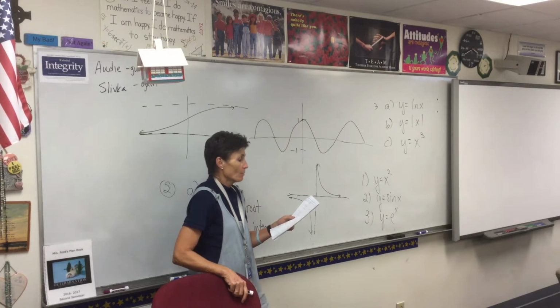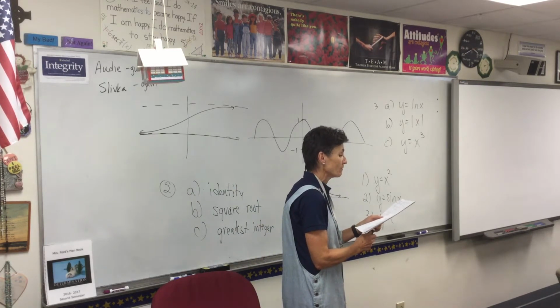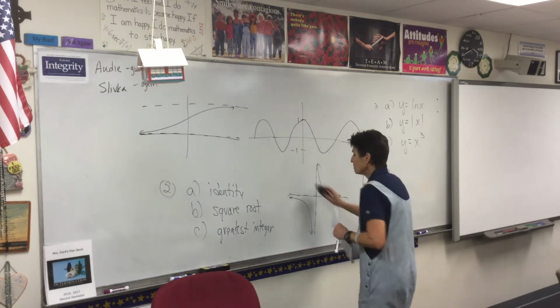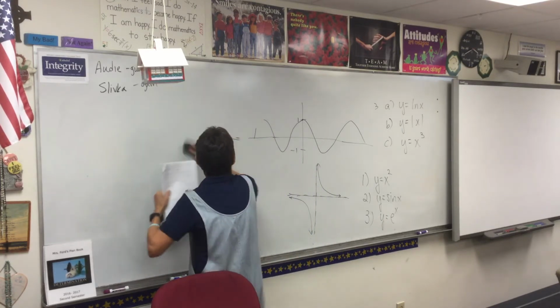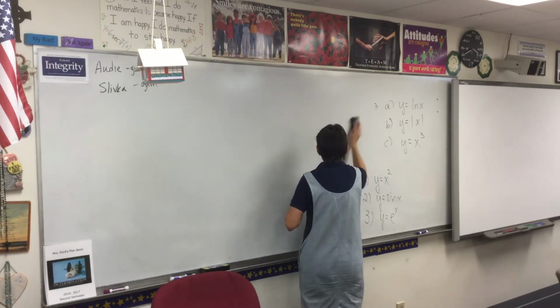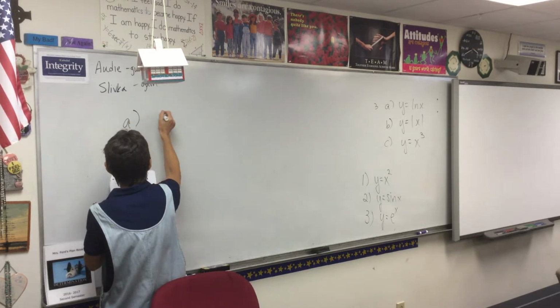We're on number 3 where it says, how does the graph of each of the following compare to the basic function? What I want you to be able to do is to draw these five equations. Now, I'd like you to be able to draw it without plotting points.